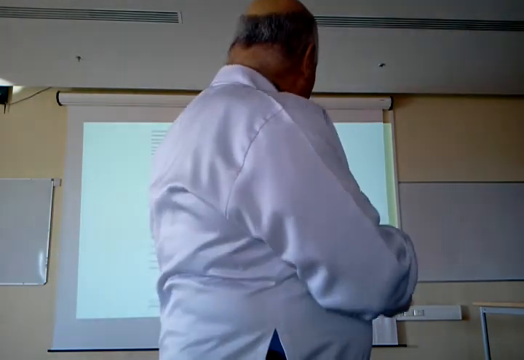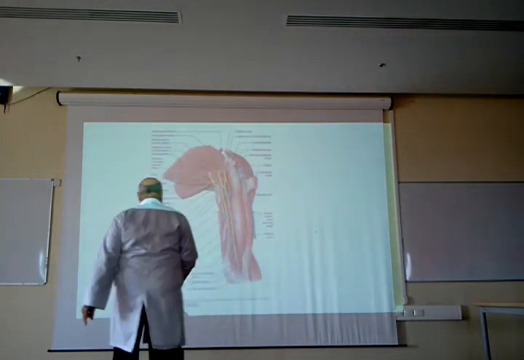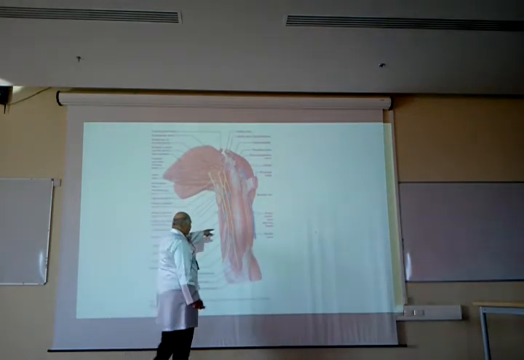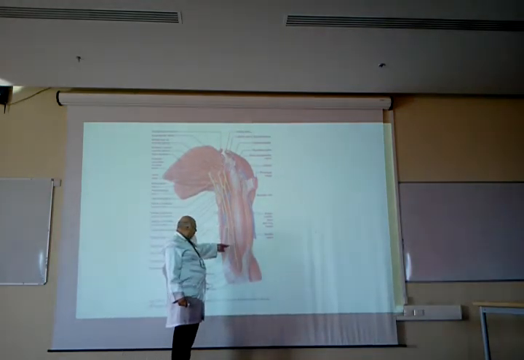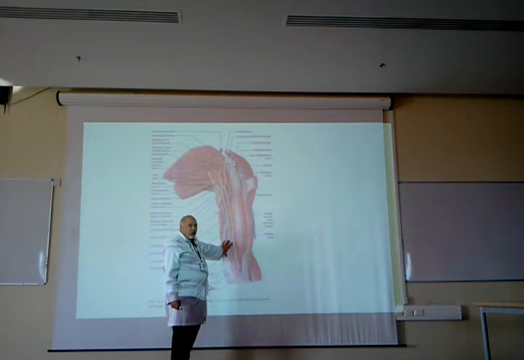The superior ulnar collateral arises from the profunda brachii at the level of the heart here. So that is superior above, and inferior above the medial condyle by 2 inches or 5 centimeters.